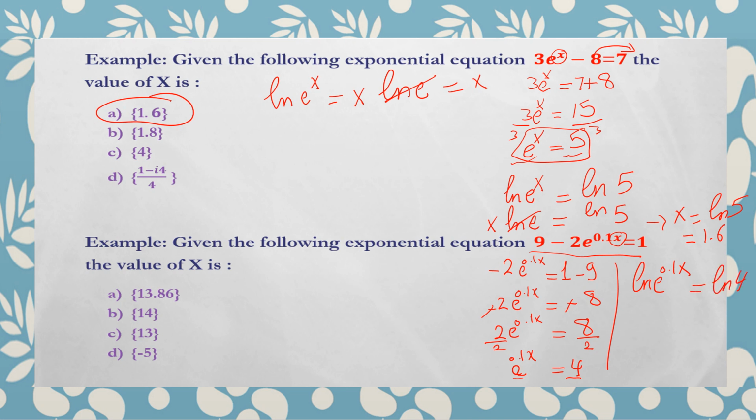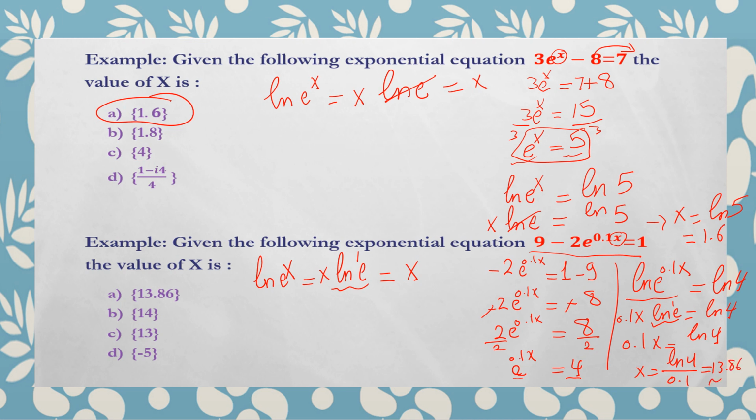And by recalling again the property that says ln e power x means x ln e, and ln e equals 1, so this quantity equals 0.1x times ln e equals ln 4, and this equals 1, so 0.1x equals ln 4, so x equals ln 4 over 0.1, and this equals 13.86, or we can say 14. So the correct answer is A.